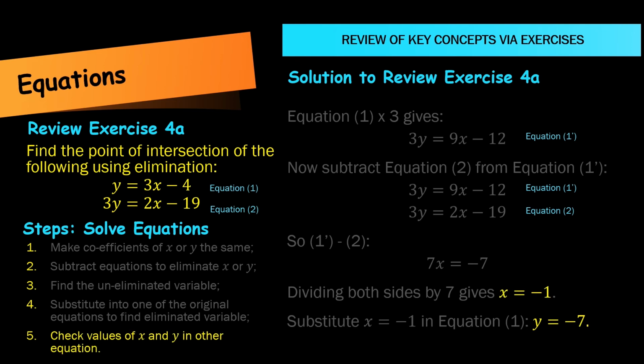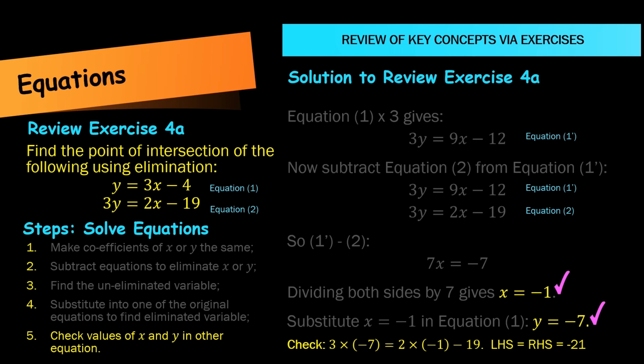So we substitute x equals minus 1 and y equals minus 7 in equation 2, to give 3 times minus 7 equals 2 times minus 1 minus 19. And this is indeed correct, as the left-hand side equals the right-hand side equals minus 21. So x equals minus 1 and y equals minus 7 are the correct solutions for these equations.